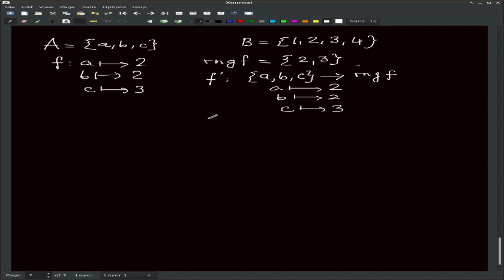And you know what your indicator or inclusion function does. This is the map from {2, 3} to B, which takes 2 to 2 and 3 to 3.